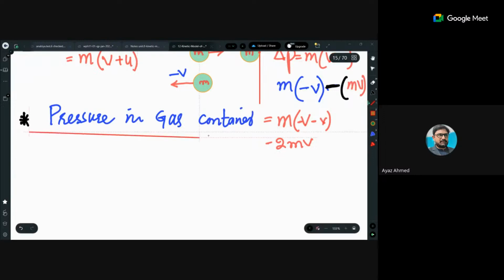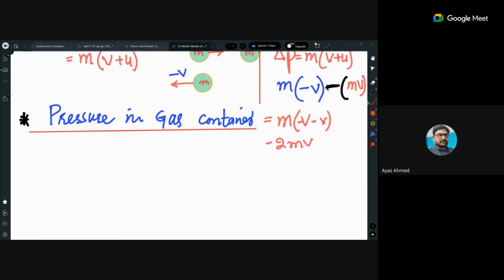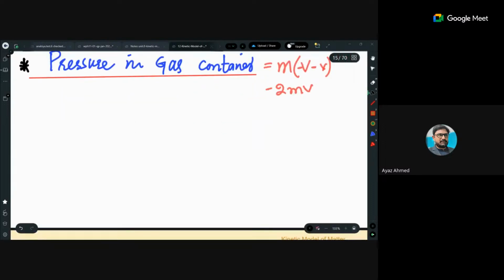So the question is asked: describe or explain how the pressure is developed in the gas container. So you must know all these 4 points. Whatever I will write, that is your final. You have to recall it by all means, that gas particles have random motion. Okay?